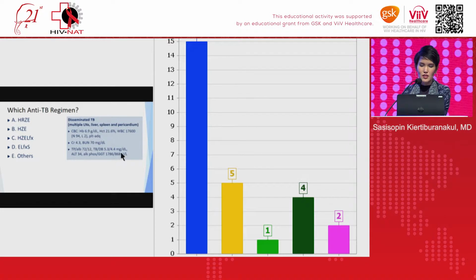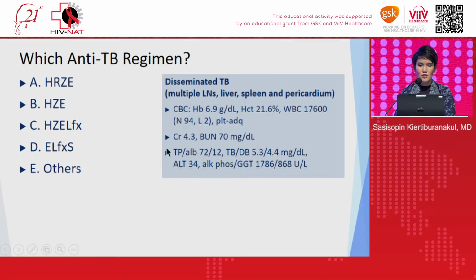In this case, we think that the abnormal liver function is because the patient has disseminated tuberculosis. So we try to put all 4 drugs, including rifampicin, because rifampicin is the most important anti-tuberculosis drug for the patient. If you think that this liver dysfunction is not from another cause and is from TB itself, we should use all 4 drugs together and closely follow up the liver functions of the patient.